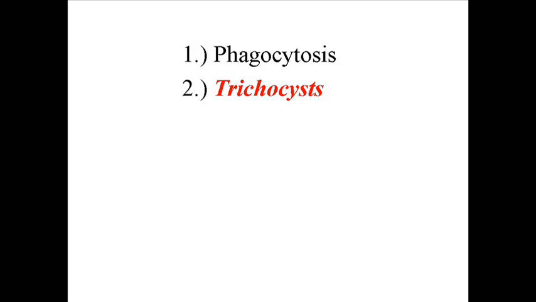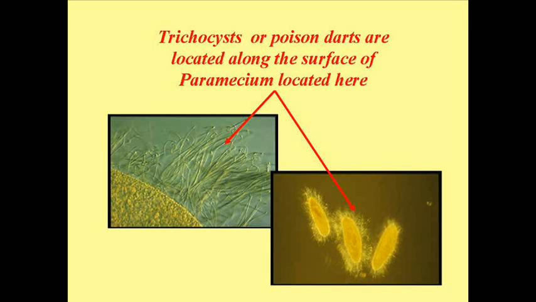Now, the second strategy that I want to talk about is one where eukaryotic cells may form on their surface what are known as trichocysts. Trichocysts are basically microscopic poisonous darts. In the slide that I've shown you, you can see that those trichocysts are coming off the surface of a paramecium cell.